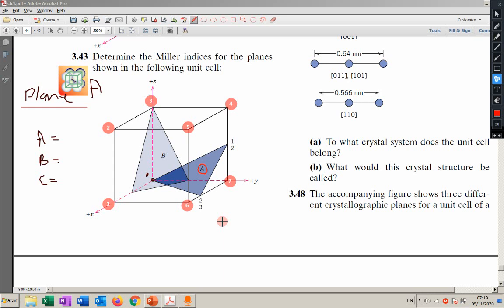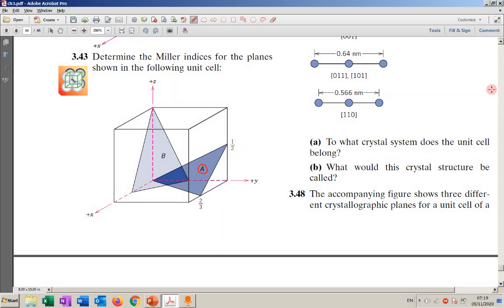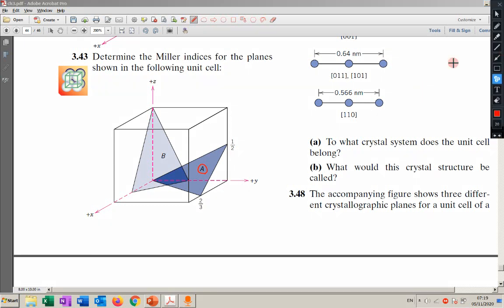So, let's say we're going to choose this corner here. Let's say this is going to be the origin, and that's going to be the axes y, x, z.